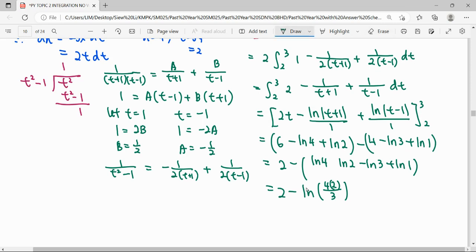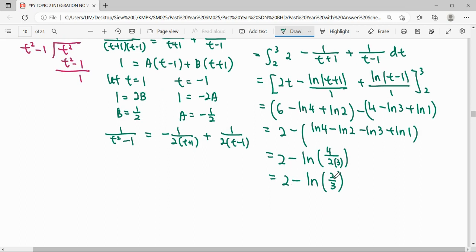When I factorize the negative, it's supposed to be negative. So ln 4 minus ln 2 divided by 2, then minus ln 3 divided by 3. When we simplify this, it will be ln 2 over 3. If I want to move out this negative, it will be 2 plus ln of 2 over 3 to the power negative 1, 2 plus ln 3 over 2. So we can accept this answer or this.